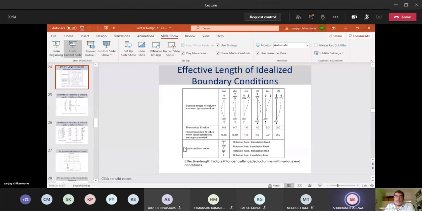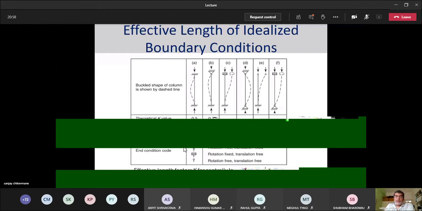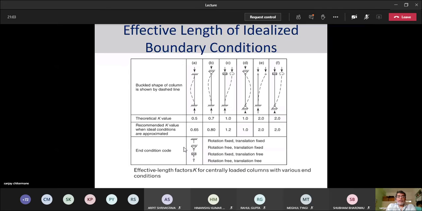Yes, sir. If you see this, there are two things: the theoretical value and the recommended value. All the values which are there are the recommended values. Here there is a theoretical value also and a recommended value also. For condition C in this diagram, the recommended value is 1.2.